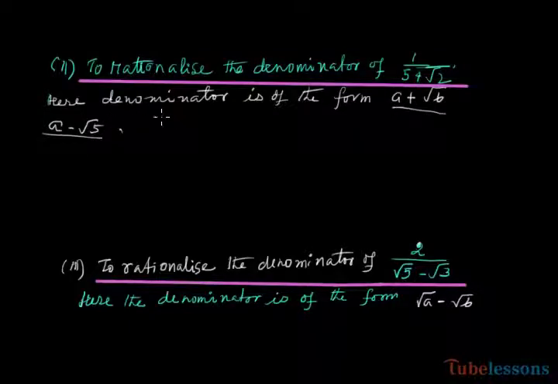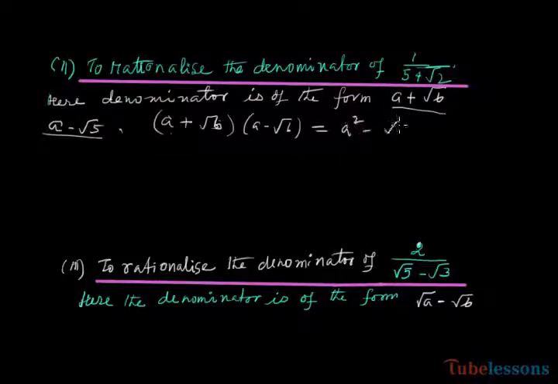Now when we multiply these two, as you know, a plus b into a minus b you can write as a square minus b square. So a plus root b multiplied with a minus root b is a square minus b. Now the root is removed and it is a rational number.